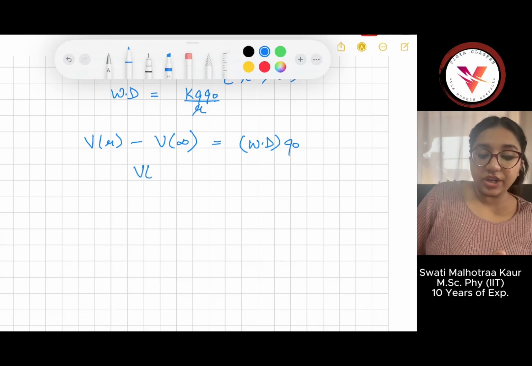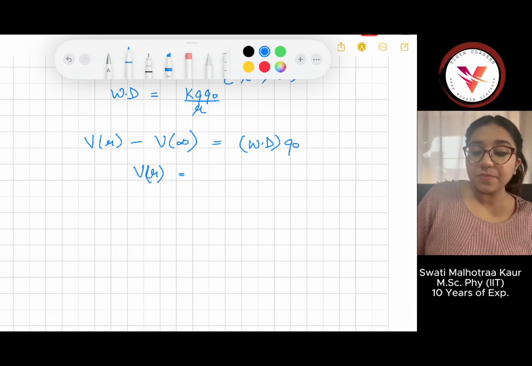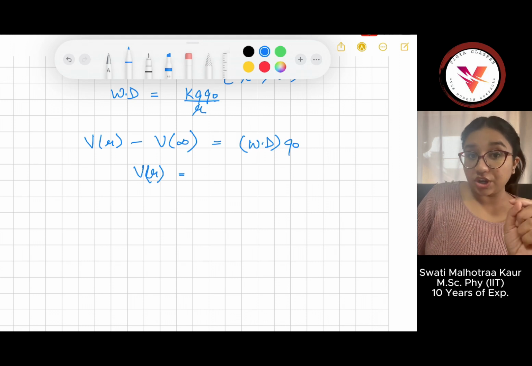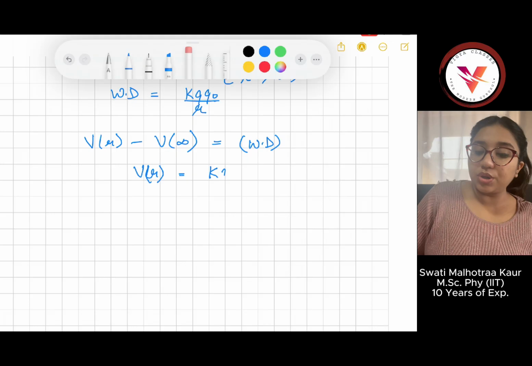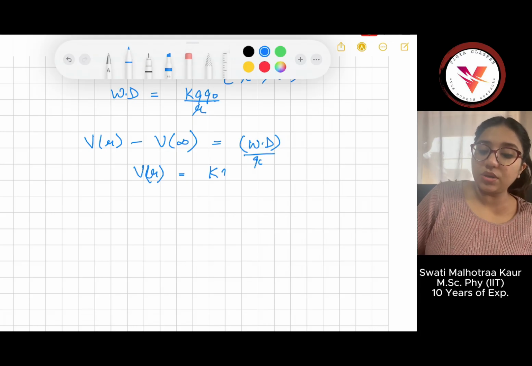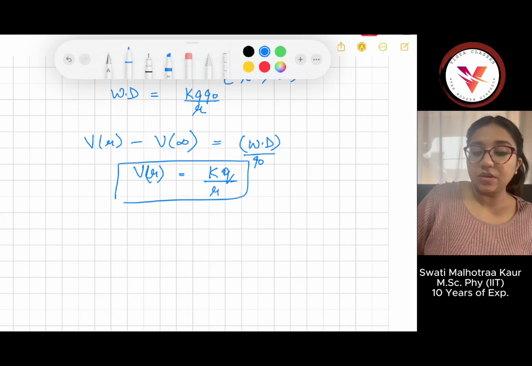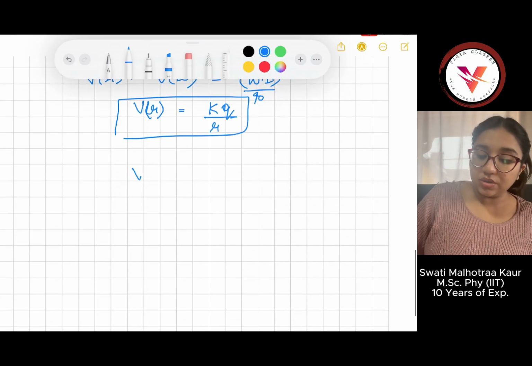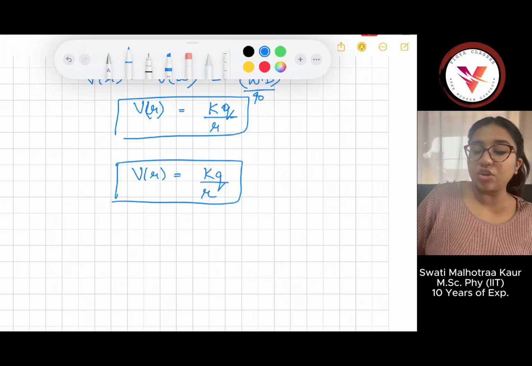Now the potential at infinity is considered 0, it's a reference point, so the potential at distance r from the source charge, which is a function of r, comes out to be kq by r. Okay, so this is the formula of potential due to a point charge at a distance of r from it.